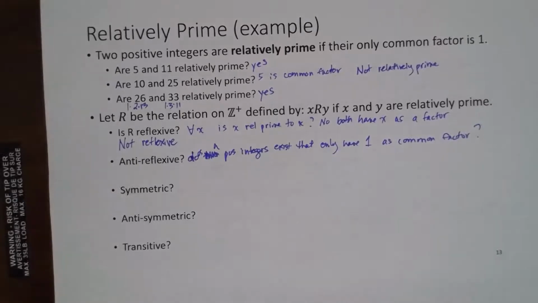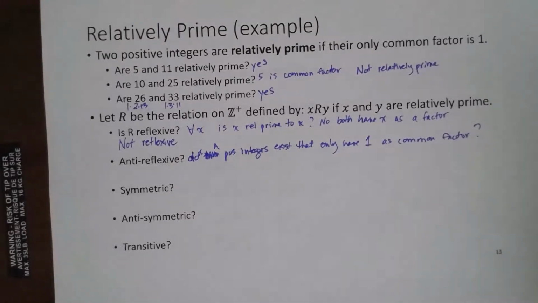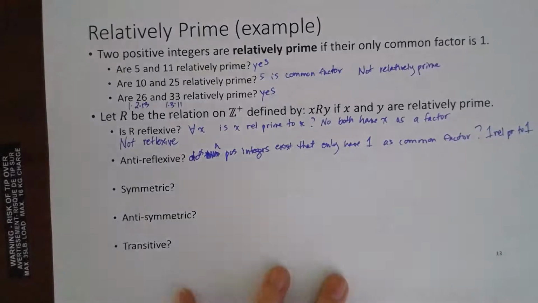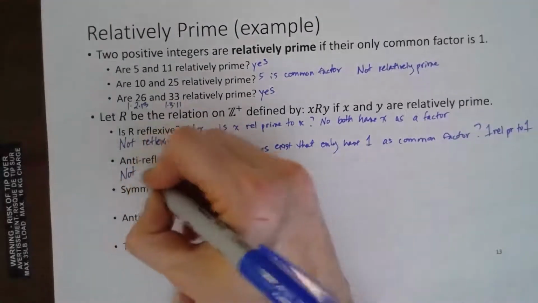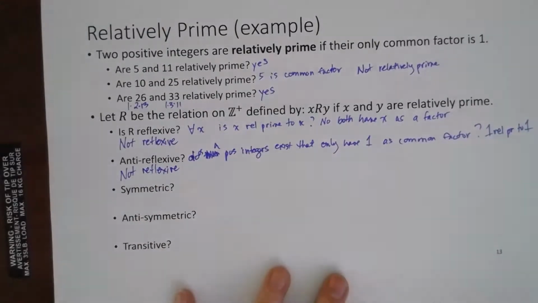So 1 and 1, that's the same number, has only 1 as a factor, so 1 is relatively prime to 1. So that's the single counterexample. So 1 is relatively prime to 1. Okay, so this is also not anti-reflexive, because I found one counterexample.